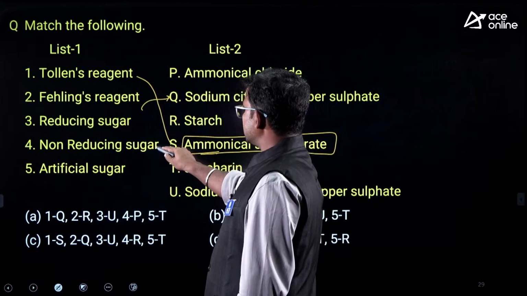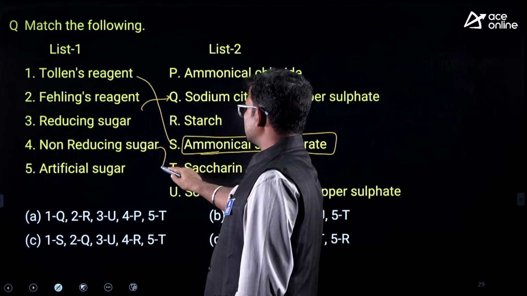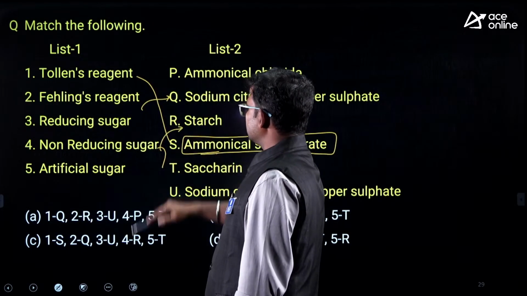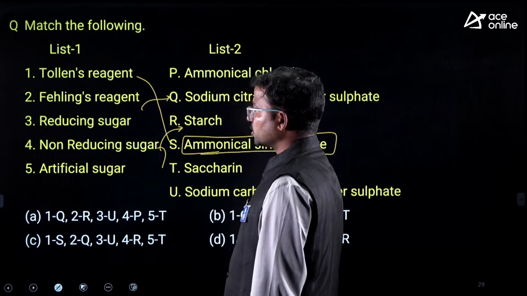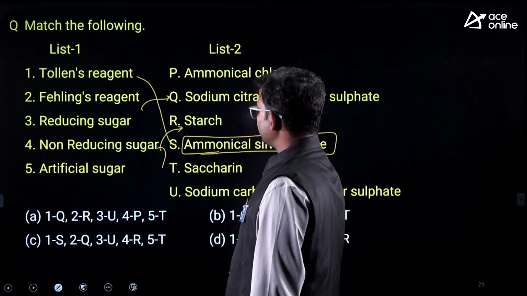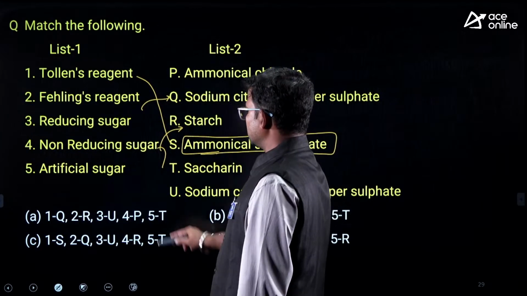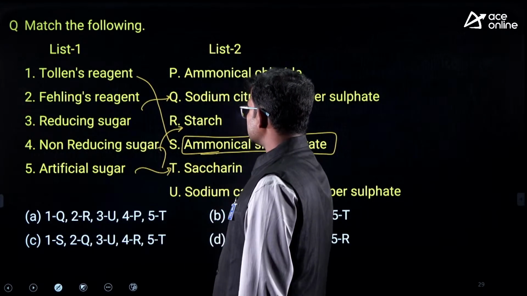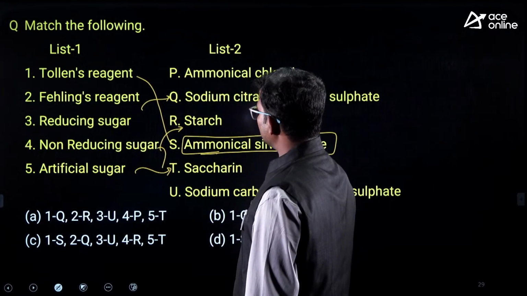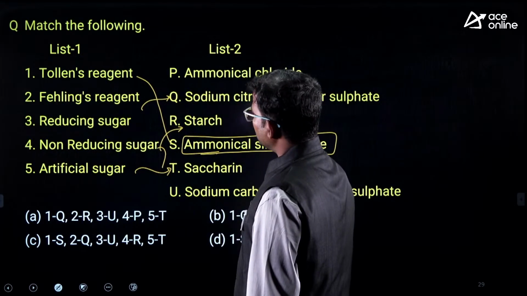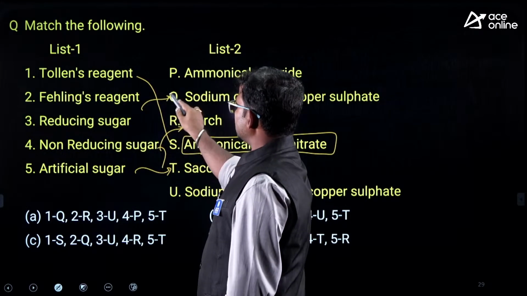Non-reducing sugars means they do not react with Tollens and Fehling solution. So that's why here it concerns starch. Actually, starch does not give a positive test with Tollens and Fehling solution. Next, artificial sugar, saccharin. Saccharin is treated as artificial sugar.